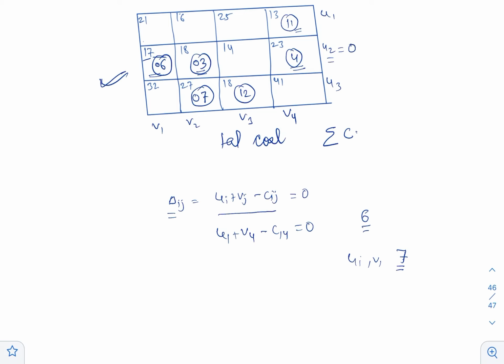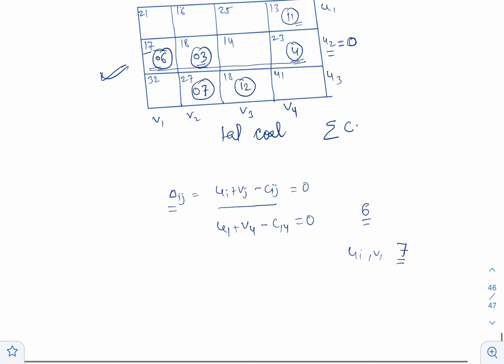We chose U2 because the second row has the maximum basic cells, so it is easy to calculate the other Ui and Vj if we assign 0 to the dual variable which has the maximum basic cells associated with it.